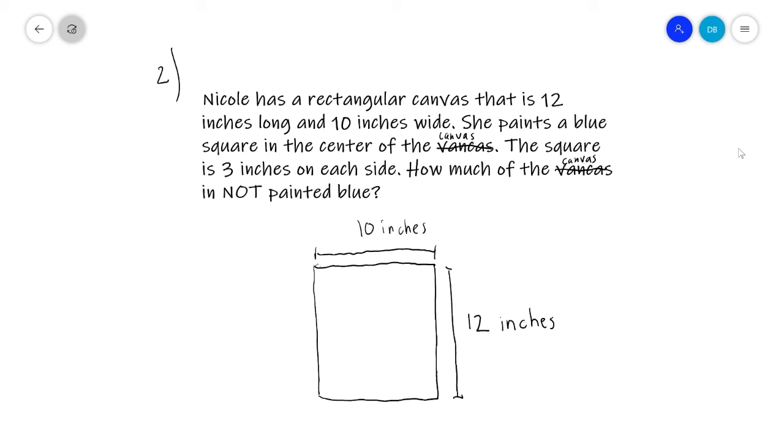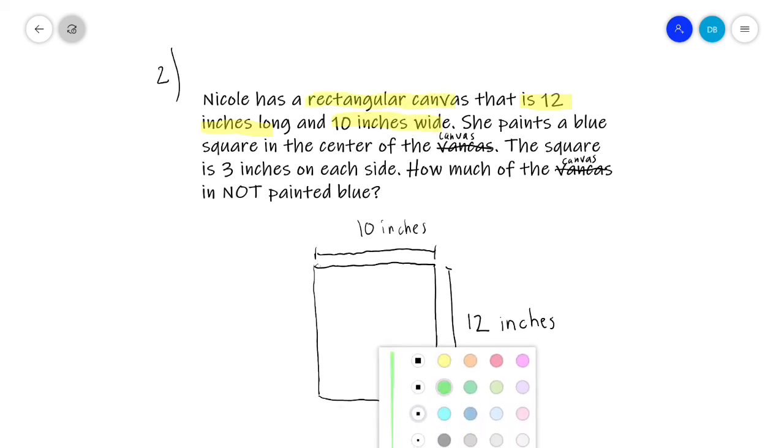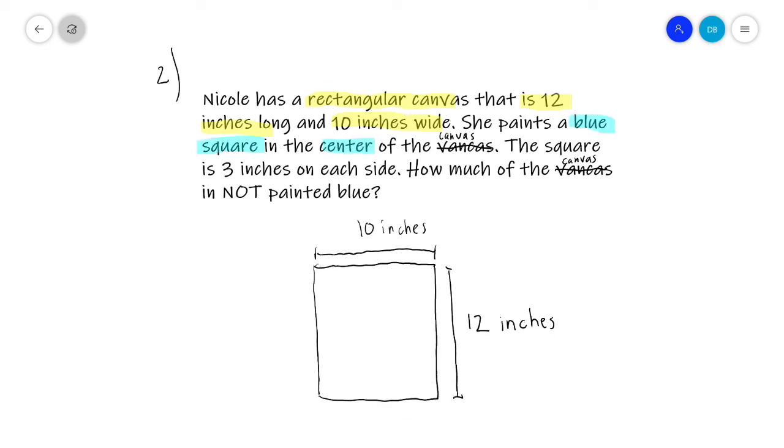So that was 12 inches long and 10 inches wide. That was the rectangular canvas. And the blue square in the center is 3 inches on each side, right? Because it's a square, so it's a 3 by 3 by 3 by 3. So our blue square in the center is going to look something like that, right? And this would be 3 inches by 3 inches. It's a perfect square.